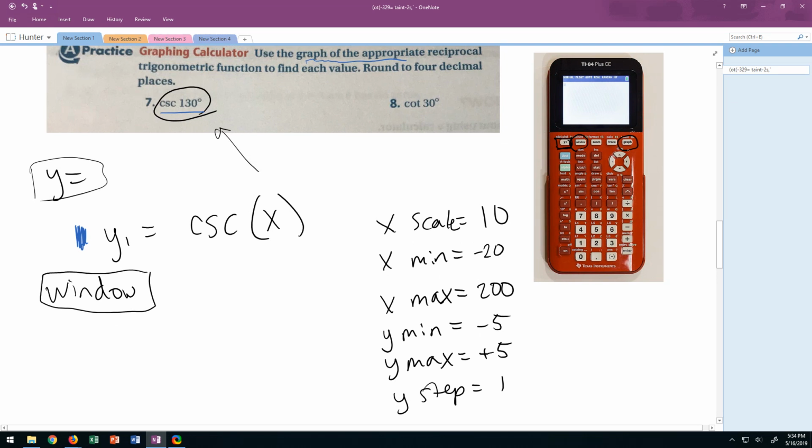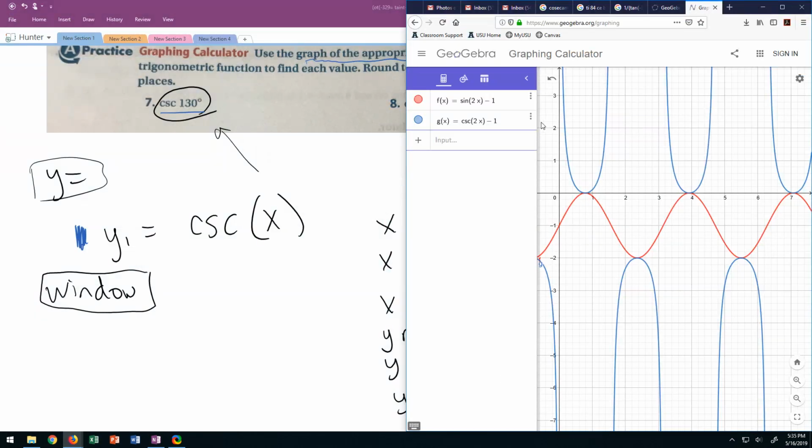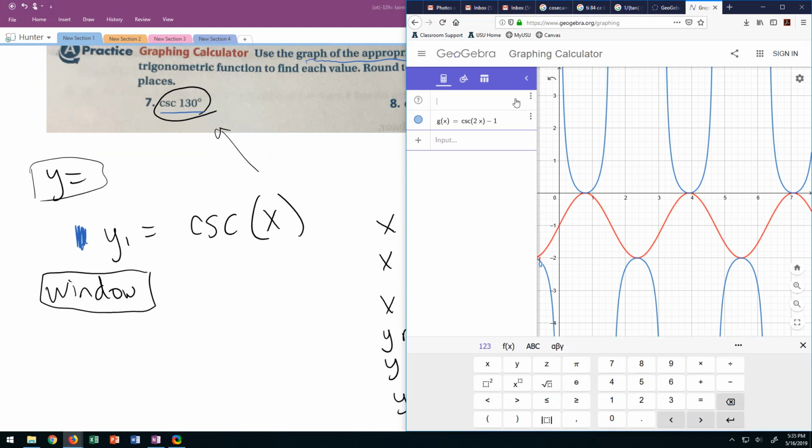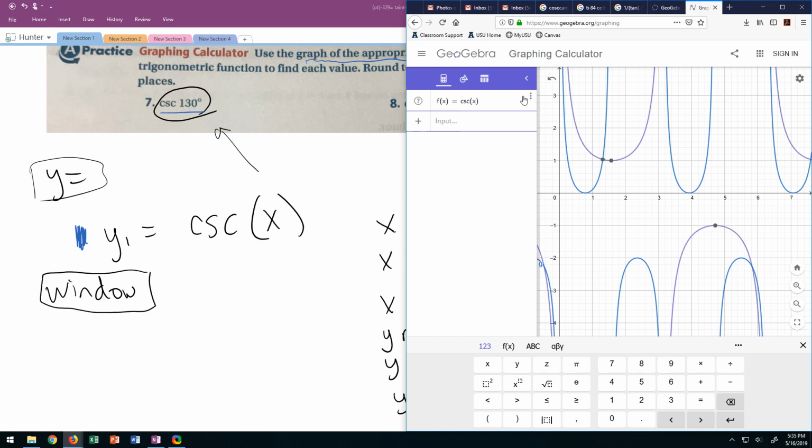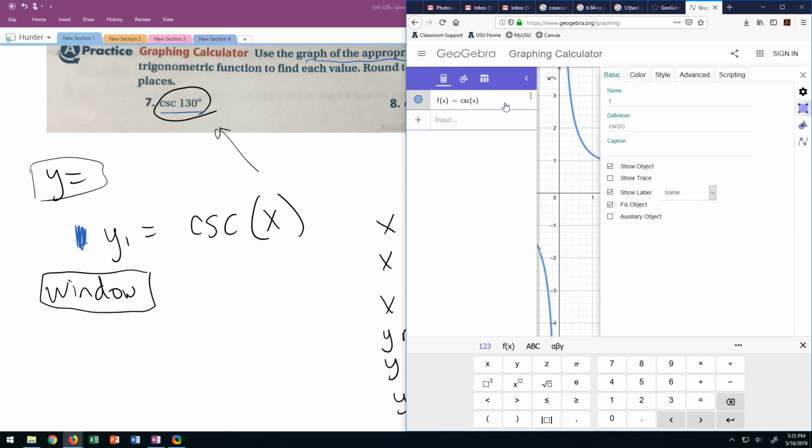All right. So let me go ahead and graph this in GeoGebra. I hope I can. All right, delete that puppy. Well, all right, I guess not then. All right, let's graph this guy. I don't know if I can put it in degrees, so I'll just put cosecant. So f of x is equal to the cosecant of x, and then I'll go settings, and I'll go advanced.